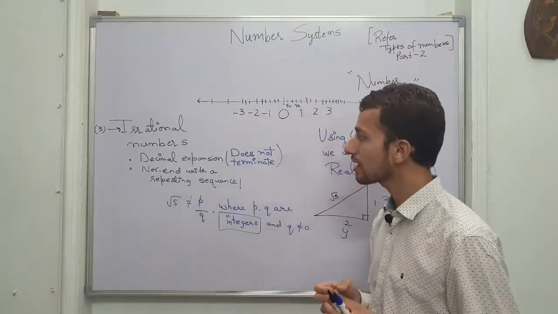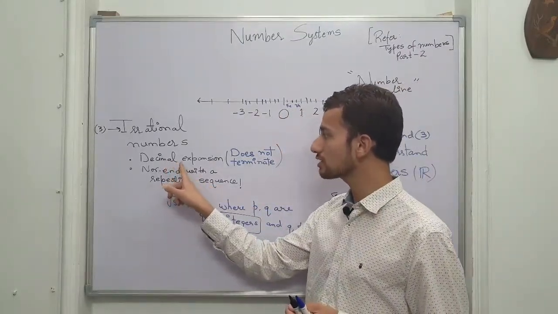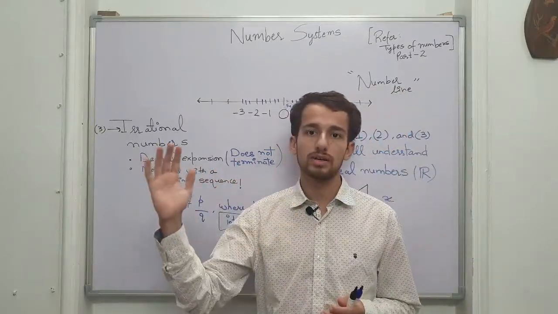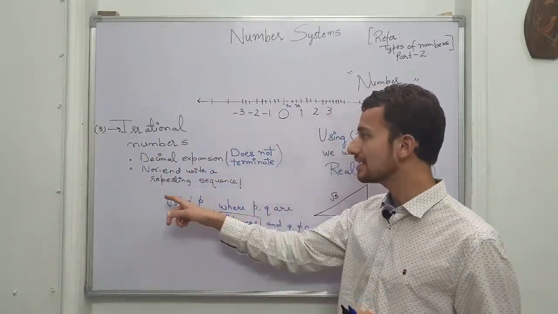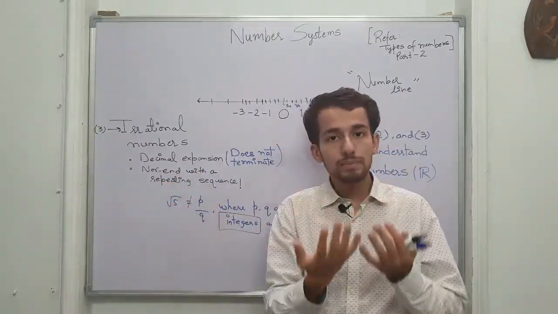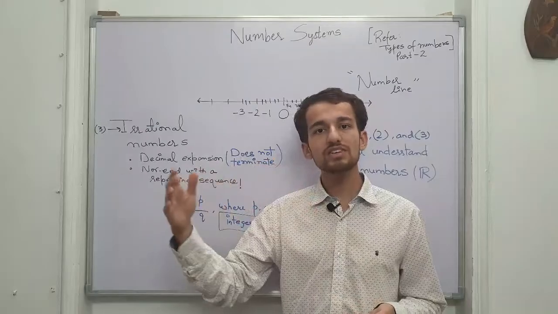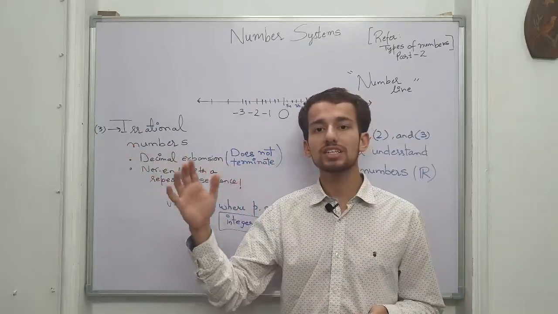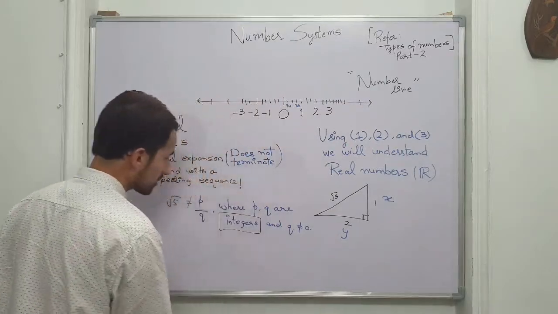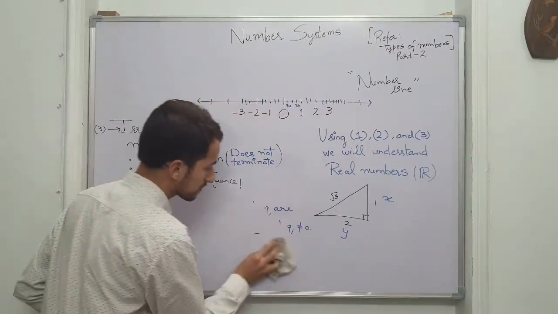But in the case of an irrational number, the decimal expansion does not terminate, nor does it end with a repeating sequence. That means there is no specific pattern after the decimal point in the expansion of an irrational number.